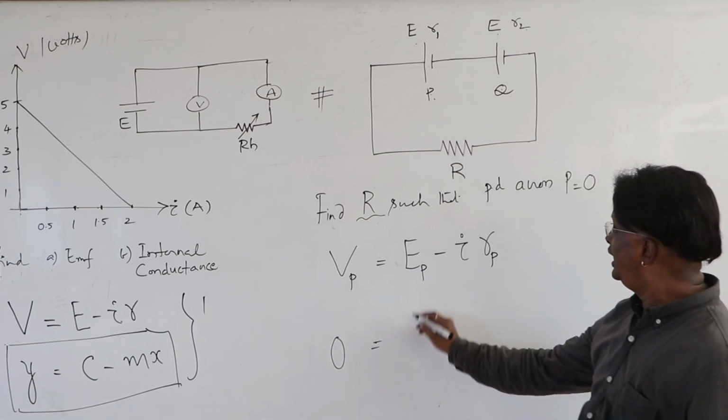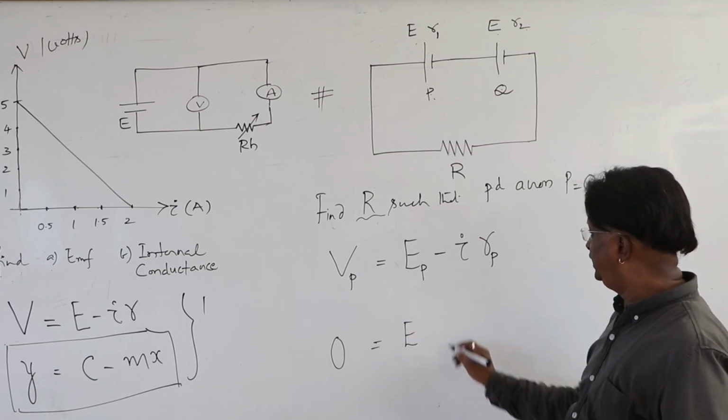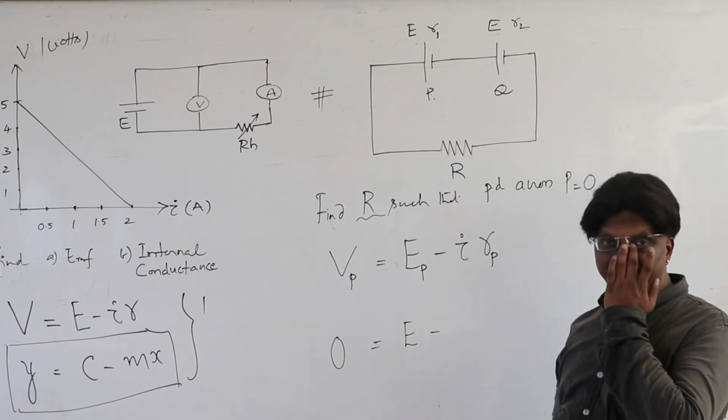So E minus I times R1 is 0, where I is the circuit current.